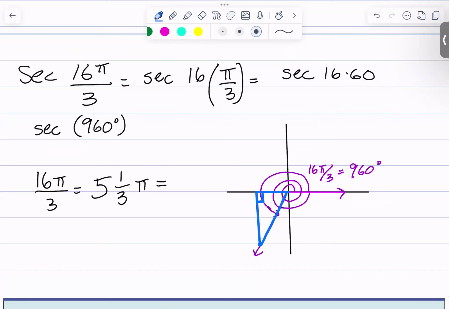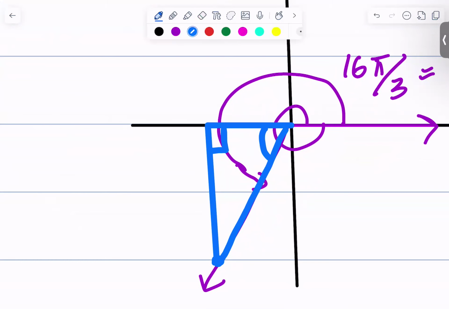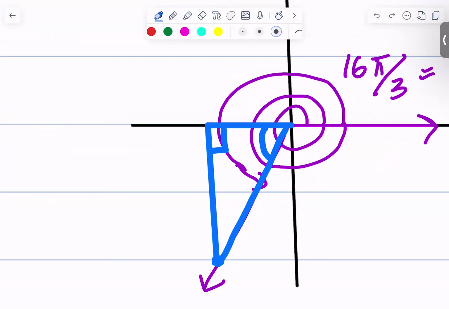Okay. What is the angle? What's my theta in this triangle? 60. So that's 60 degrees. So this has to be 30 degrees, right?